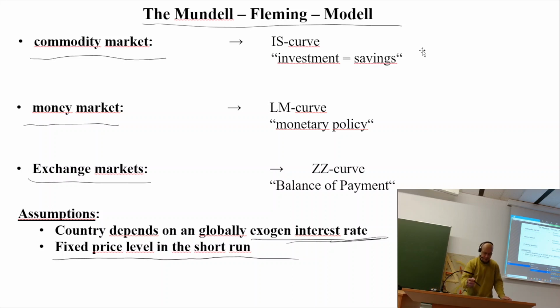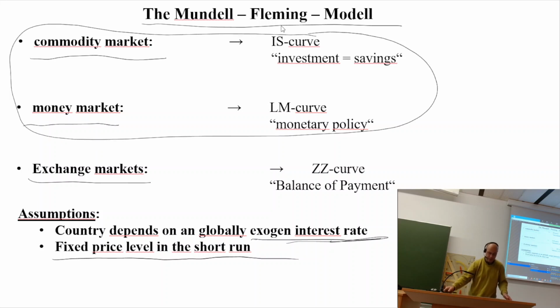From our introductory course, we had the dependence between commodity markets and money markets via the IS and the LM curve, and now we are developing this model further by adding the international dependencies. We are doing this via the exchange of goods and services and also via the capital flows between a country and abroad.